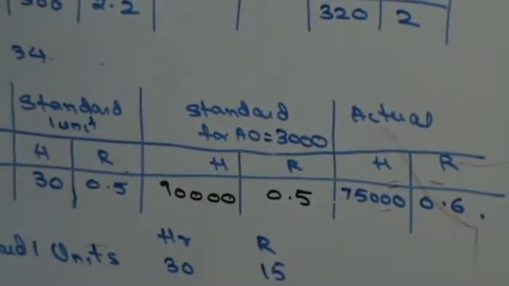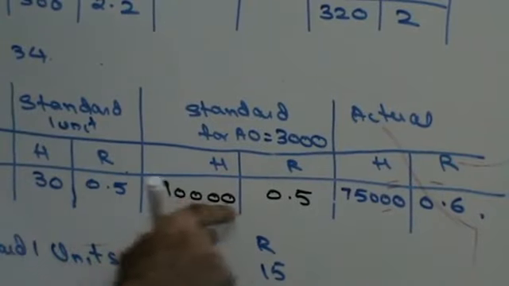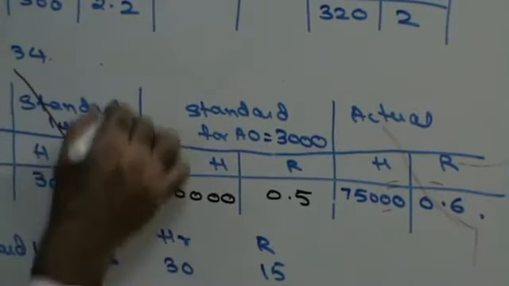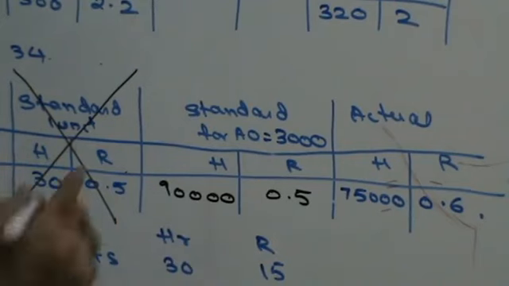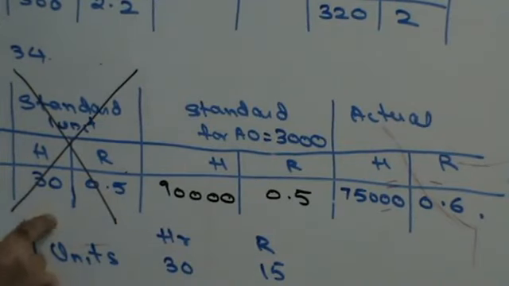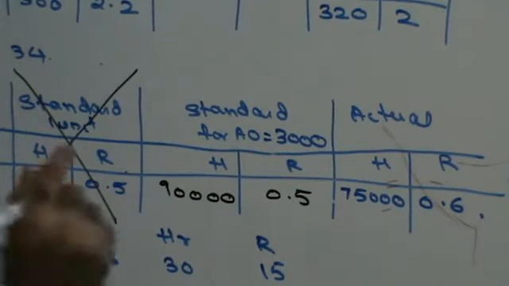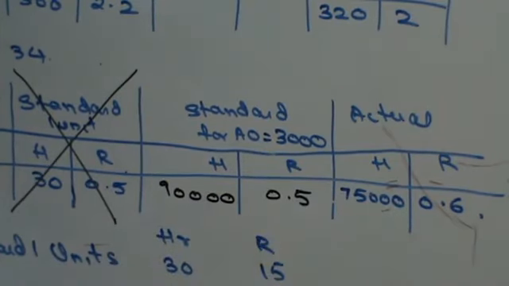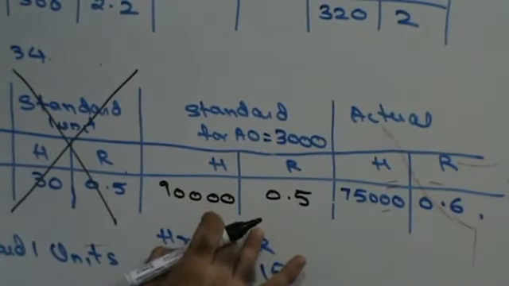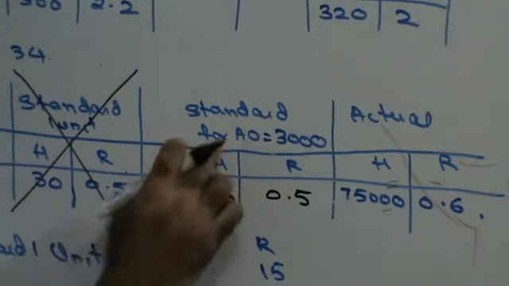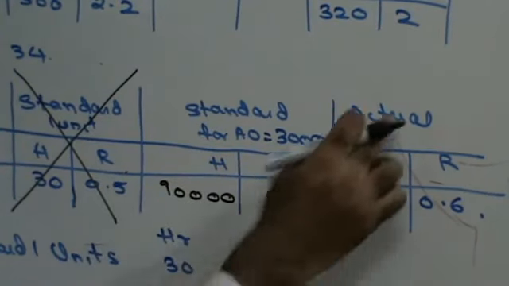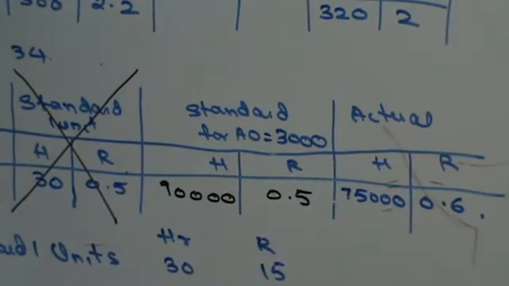Once you have two standards, you cancel the first standard data out when the actual output is given to you. For doing the sum, you will take standard from here and actual from here. This is going to be my standard hours, standard rate, actual hours, actual rate. And then you can calculate your three variances.